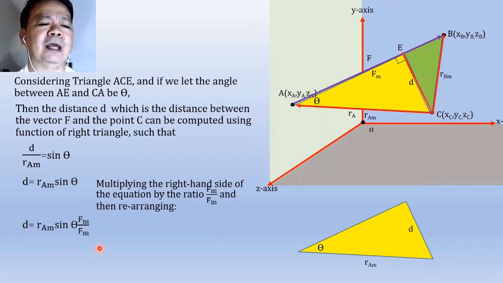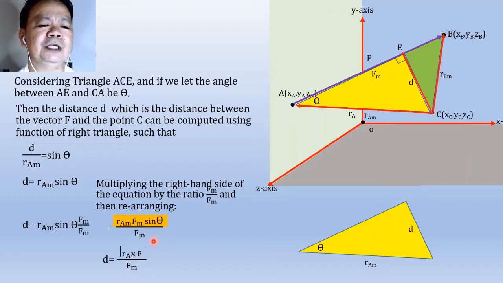But if we rearrange the numerator of the resulting equation, the numerator can be rearranged into this form. And this numerator is exactly the definition of the cross product of the position vector RA, this one, and the vector F, so that this can be transformed into the distance D equal to the magnitude of the cross product of RA cross F divided by F sub m.